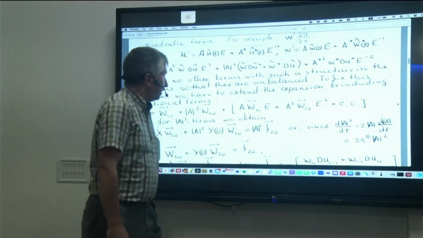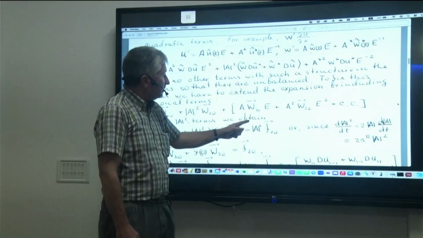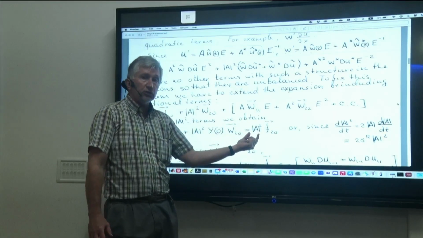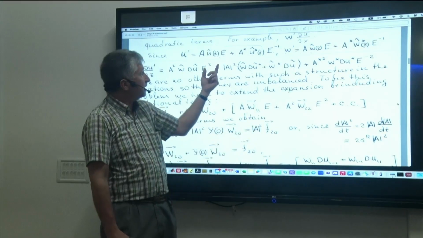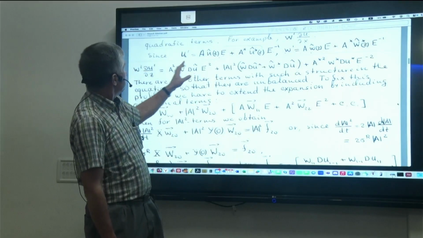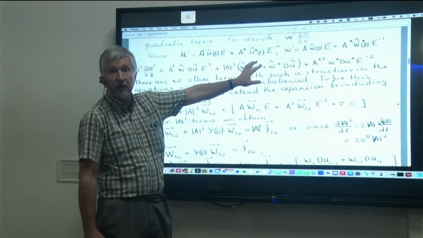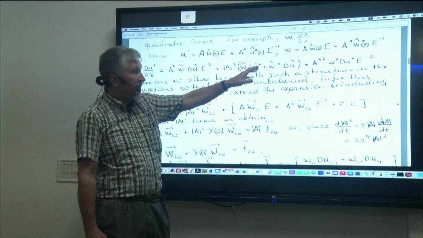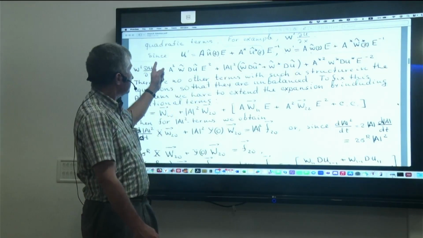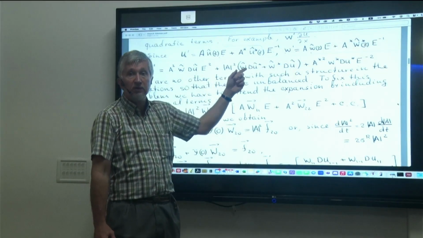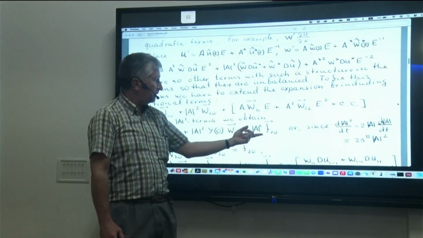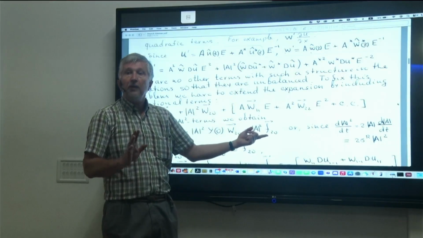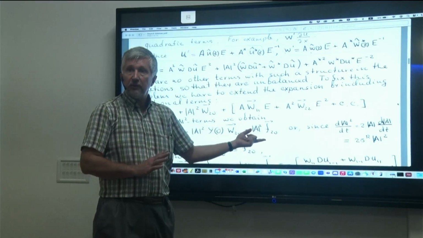The right-hand side will also be proportional to A squared, and we already know how it was going to look, so it will have something like that on the right-hand side. Obviously more terms than that, because we only consider a single one, so we will get more expressions like that. And that's what will go on the right-hand side. Is that clear structurally?